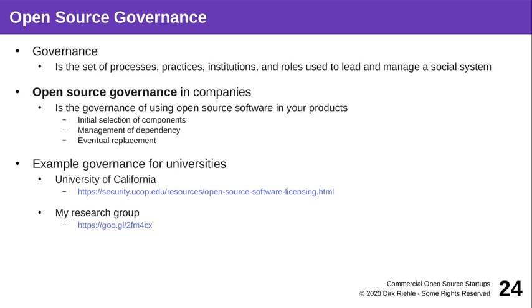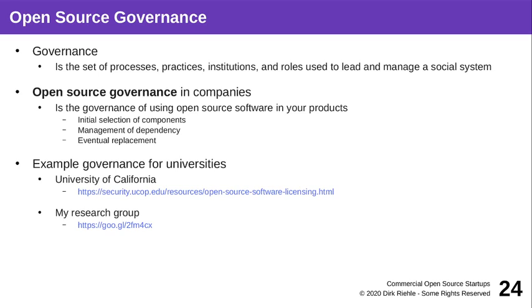Governance is the set of processes and practices that you use to manage a social system, and open source governance in companies is that set of processes for the purposes of selecting components for use in products, managing the introduced dependency on that open source component, and so forth.